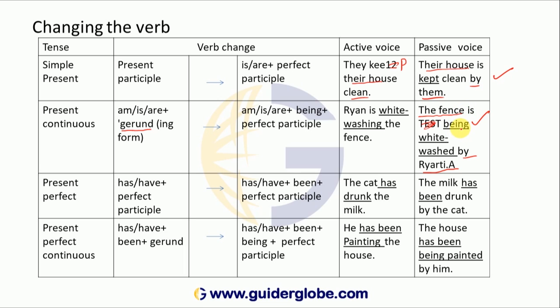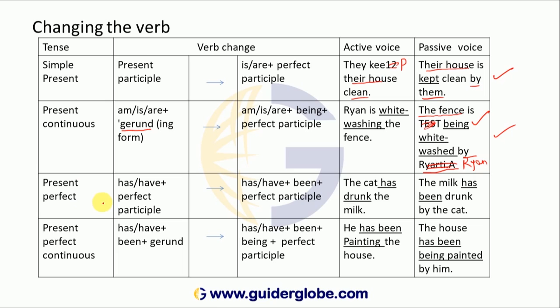In passive voice, you add being. Whitewashing, whitewashed by Aryan. Aryan or Riyan, what is that? The name is Aryan here, okay? Remember continuous: present continuous, past continuous, future continuous, add being.